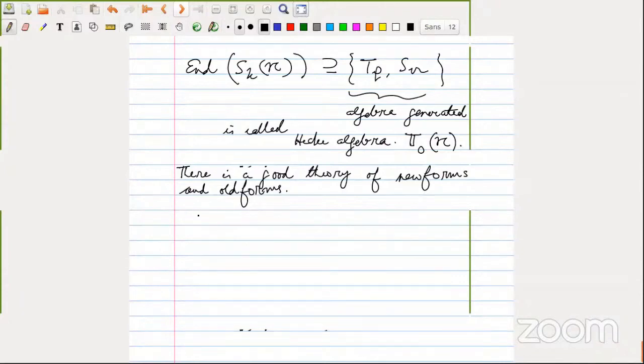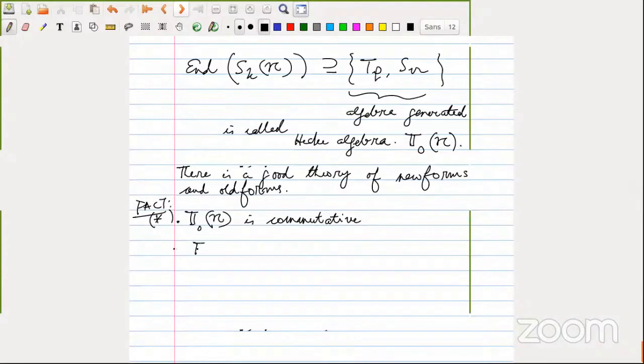Okay, so what is it? Maybe I can put a star here. So T0 of n, this is a fact, is a commutative algebra, and it comes with an inner product on S_k(n).